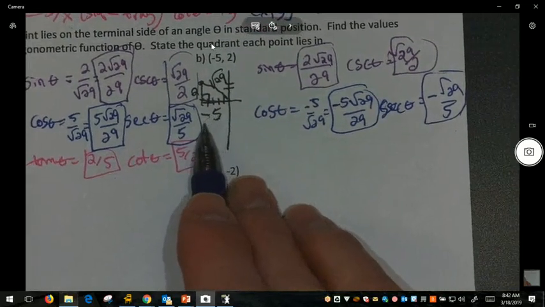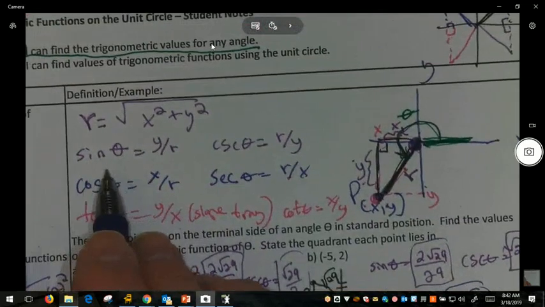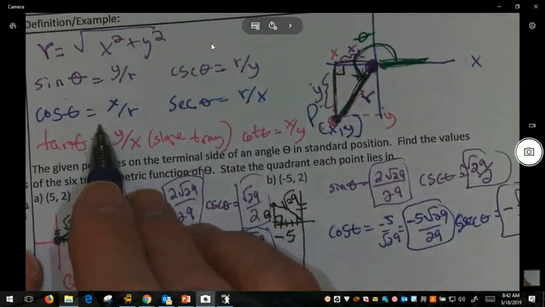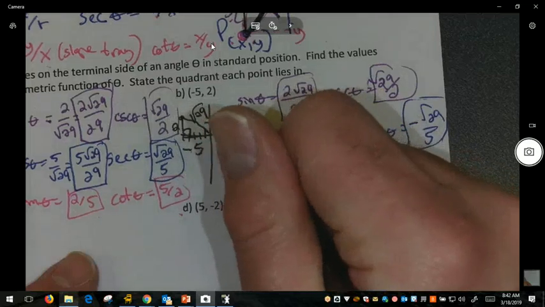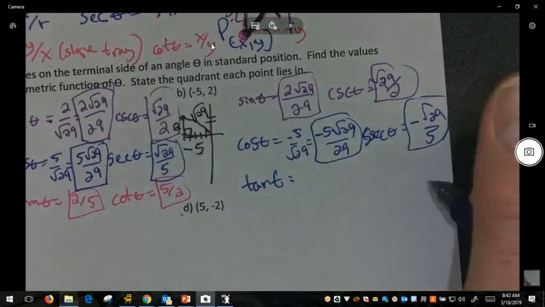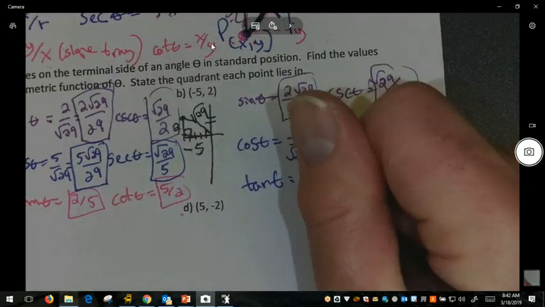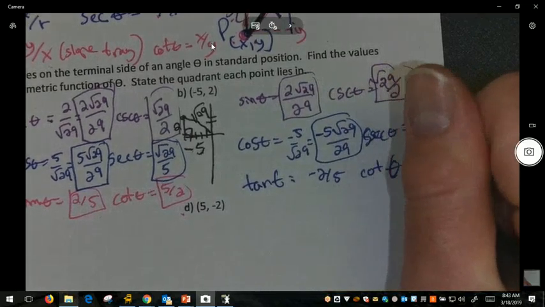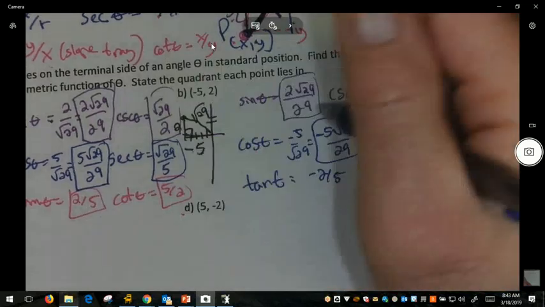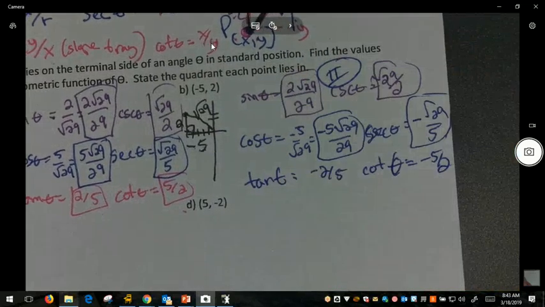So everything that depends on x, notice sine and cosecant don't, but cosine, secant, tangent, and cotangent will all be negative possibly. And they are for this. So tangent is going to be negative 2/5, and cotangent of theta will be negative 5/2. We are in quadrant 2.